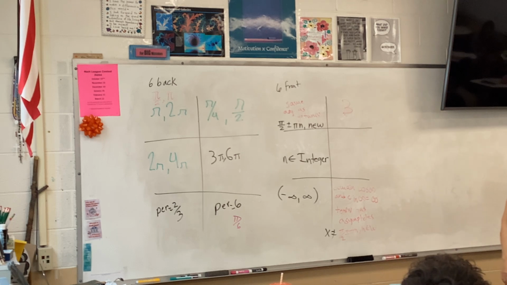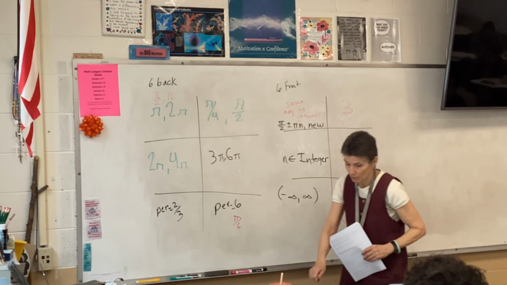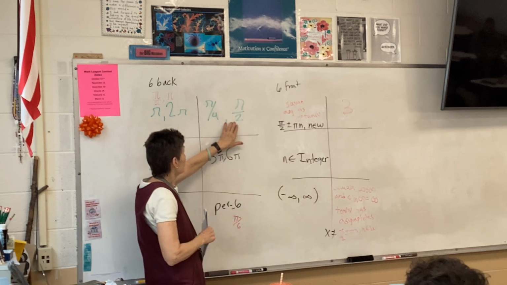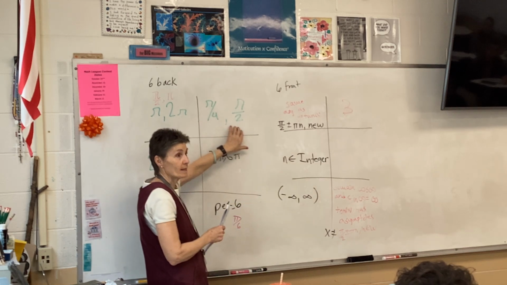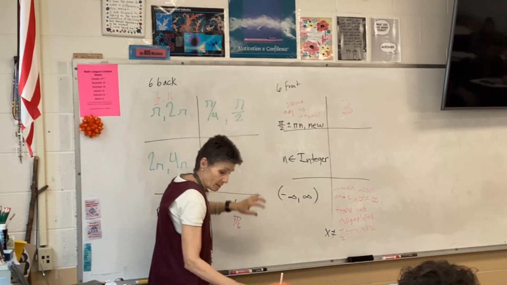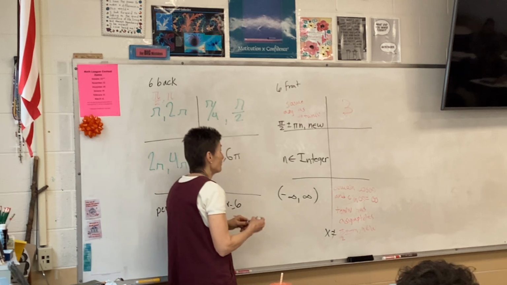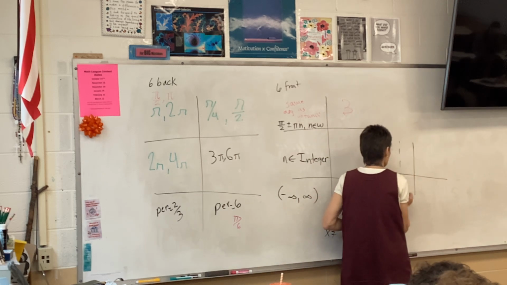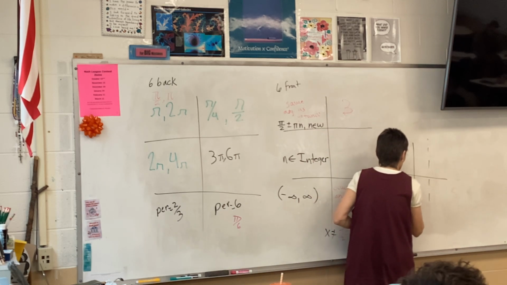All right, let's talk about the ones there is no discussion for first. So everybody is in agreement that this one right here should be pi over 4 and pi over 2? In terms of tomorrow, you need to know what a tangent looks like, right?